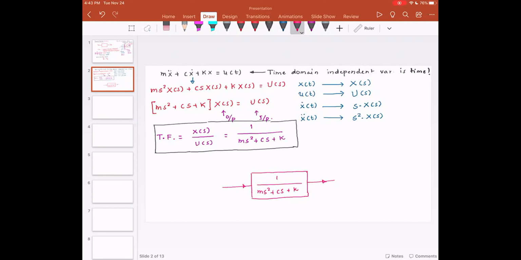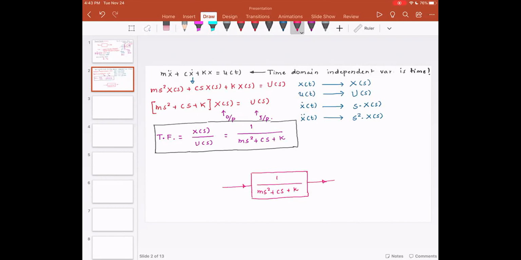So you have an input here and an output here. Now this input can be anything. For example, if I want to study the response of this spring mass damper system to a sinusoidal excitation, my u of s is a sinusoid, and I feed that sinusoid to this transfer function, and I would get the response of the system x of s.